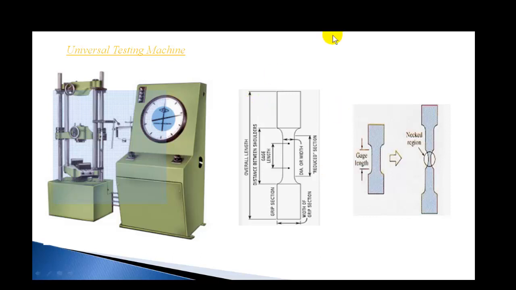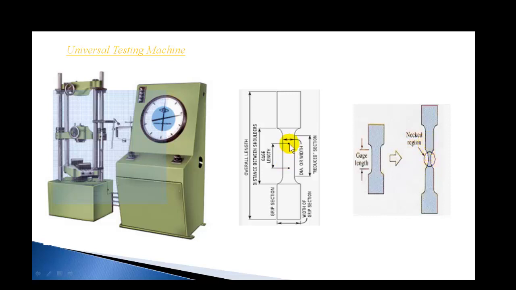As the load increases, you can measure the stress and corresponding strain. So you will get a number of values of stress and strain, and using this you can plot the stress strain curve. Now this last figure shows the specimen, and finally before breaking there will be a neck formation.